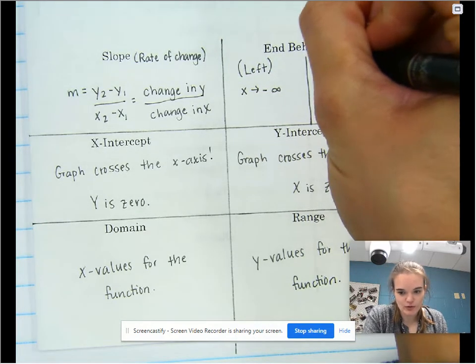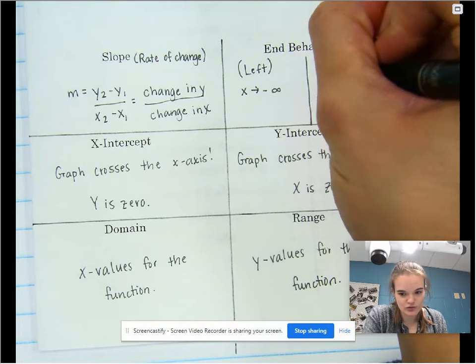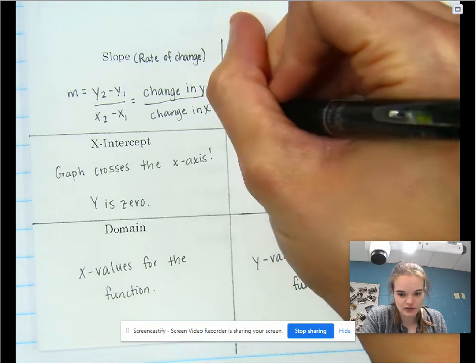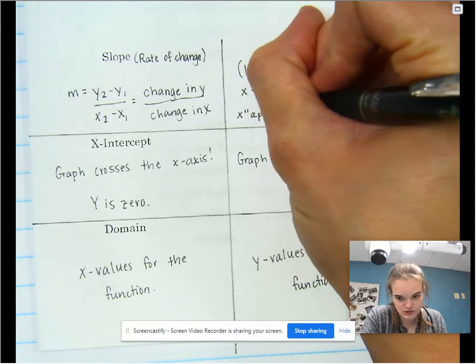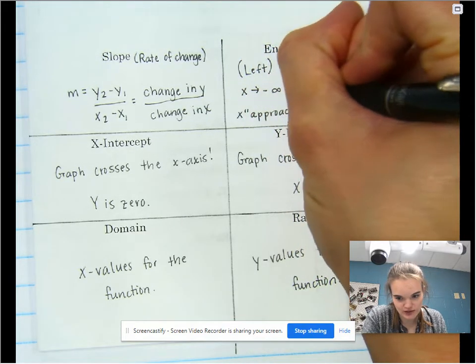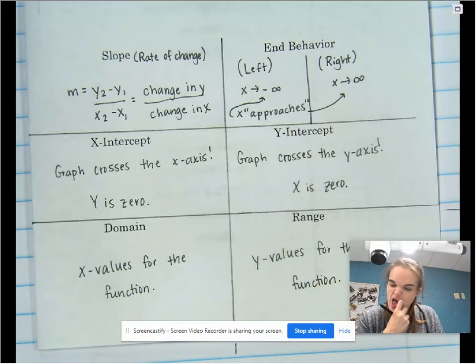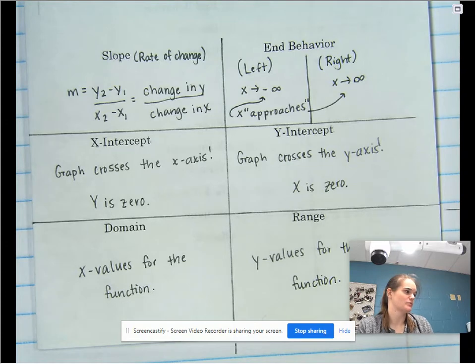We will also talk about what's going on with the right side, but you won't see it as right, you'll see x approaches infinity. That literally says x approaches negative infinity and infinity for both of these. That's what the x and the arrow mean. Okay? We'll talk about what's happening with each of those. And the answer will actually be what is y doing when x does those things.